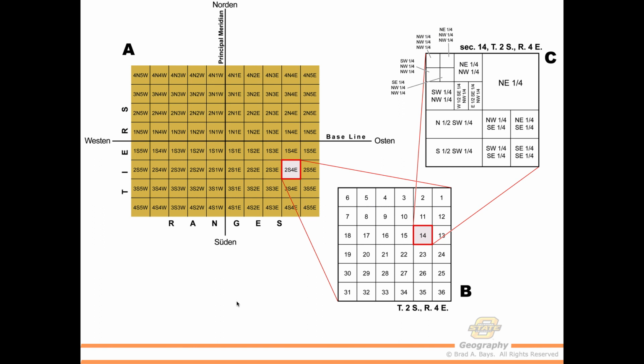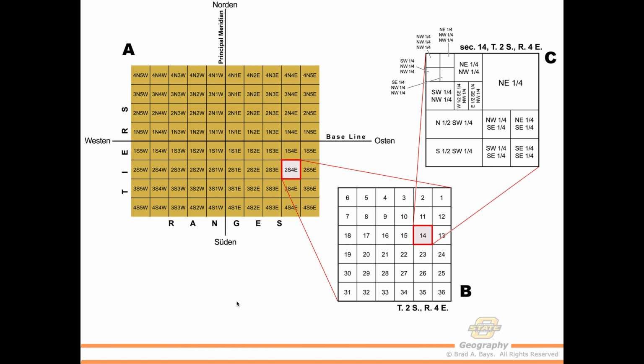Anybody ever been to Davis, Oklahoma? Davis, Oklahoma is very close to the baseline and the principal meridian, what's called the origin or the very first origin point of the survey system.